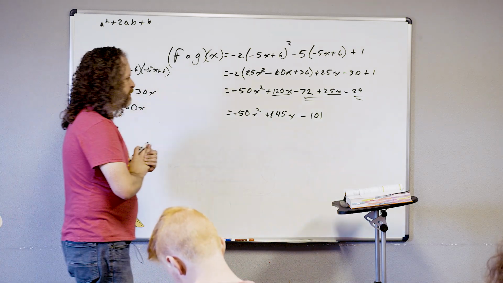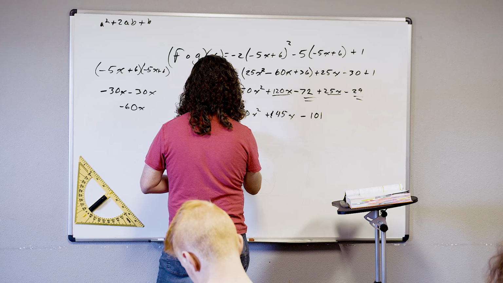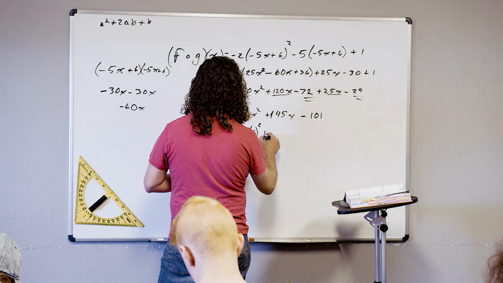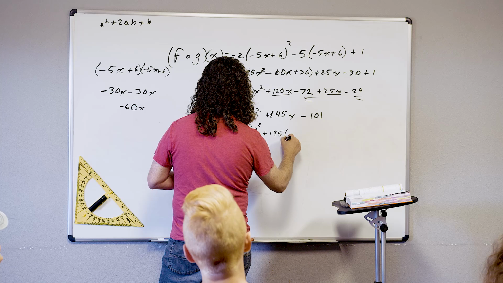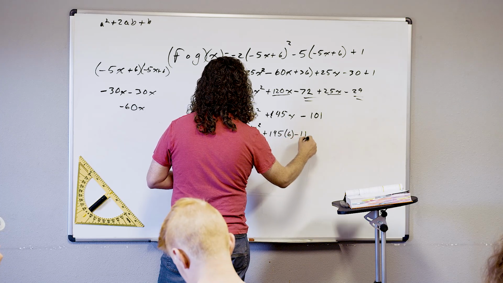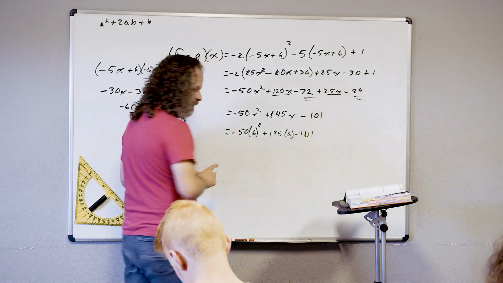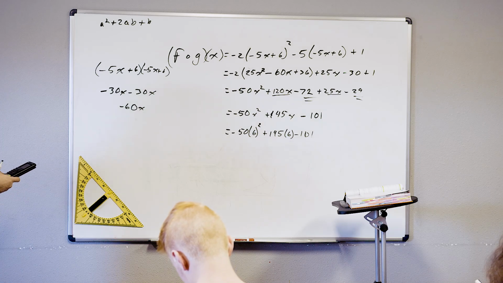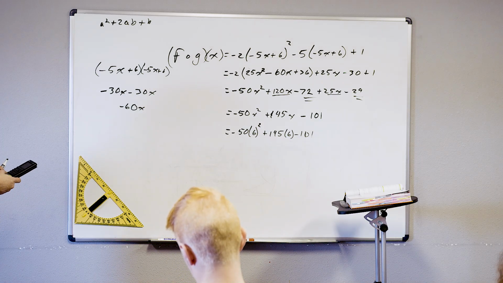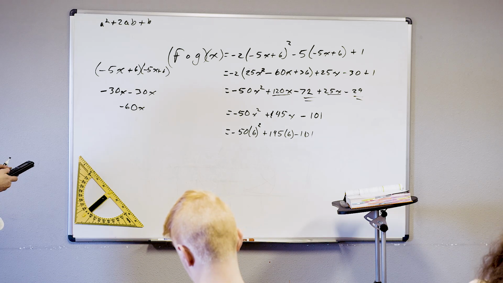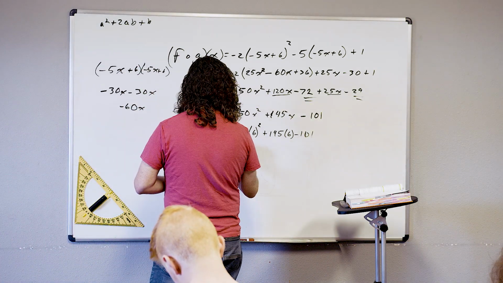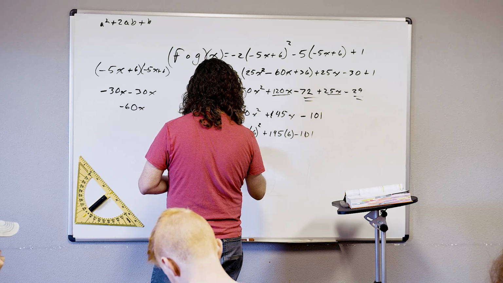Okay, so now we're supposed to put 6 in there. Which is a bit obnoxious, but we got this. So the first one would be negative 50 times 6 squared, which would be negative 1800, according to my calculations.